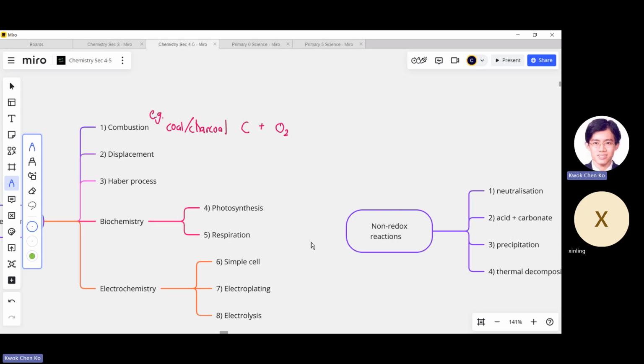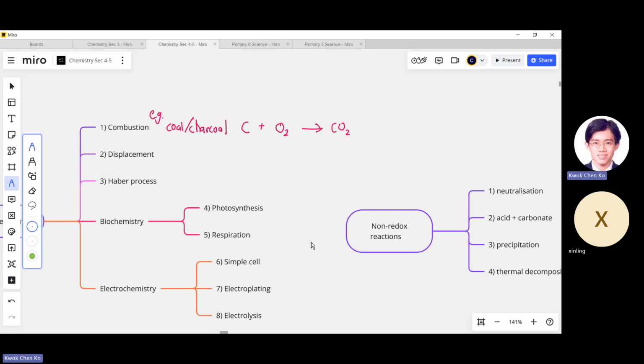And you need oxygen for all combustions. In this case, your product is only CO2. For other cases, there may be other products, but we'll just stick to this example for now.